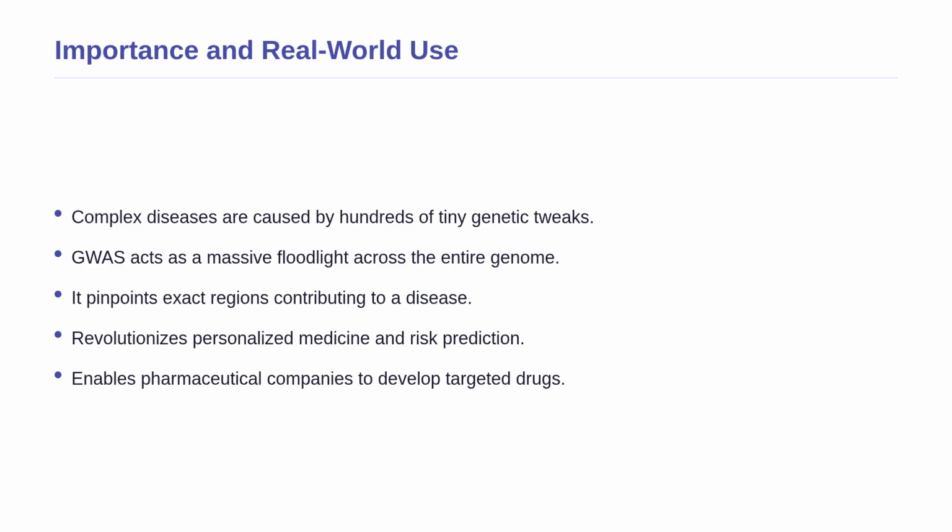Understanding what a SNP is naturally leads us to ask, why is scanning for them so incredibly important? Before GWAS was invented, finding the genetic cause of a complex disease was like searching for a needle in a dark room without a flashlight. Diseases like Alzheimer's, schizophrenia, and type 2 diabetes are not caused by a single broken gene, but by hundreds of tiny genetic tweaks working together across the entire genome.